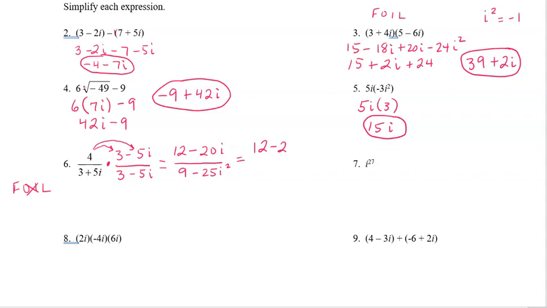So when I replace i squared with negative 1, this makes negative 9 plus 25. Can you see how it's negative 25 times negative 1 makes plus, and 9 plus 25 is 34. So I'm going to write this as two separate fractions and then see if I can reduce.